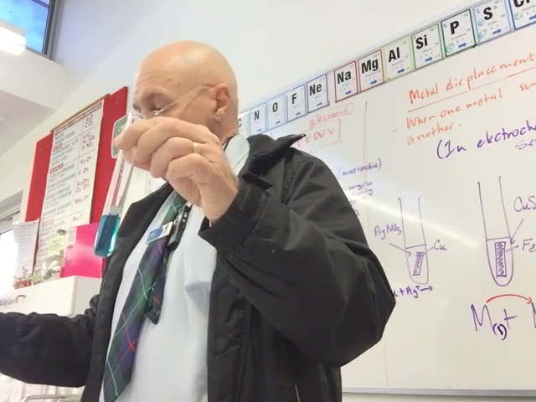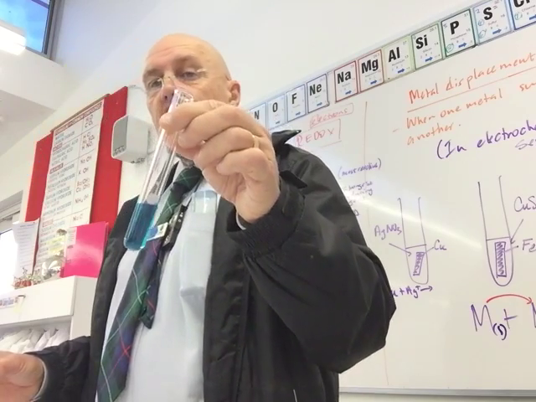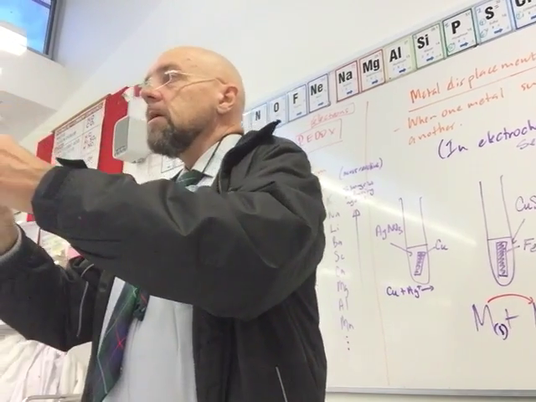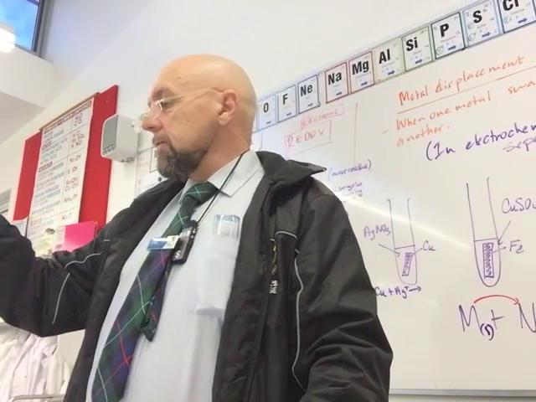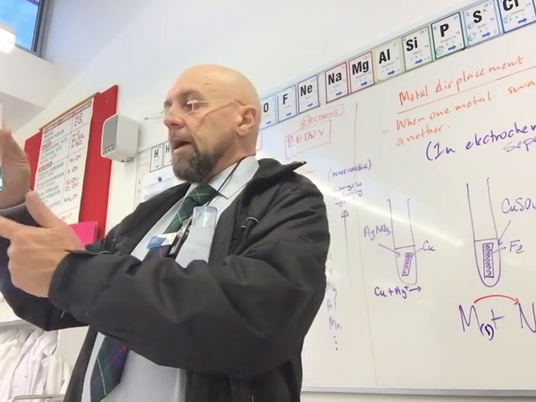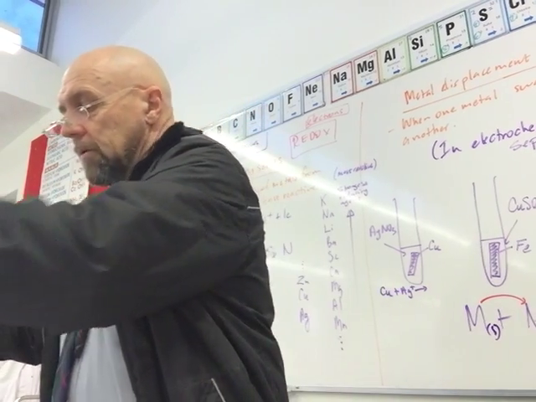They're swapping around. If I left that, and I will leave it there for a couple of days, what you'll find is that in time, the piece of iron will completely dissolve and I'll get these brown crystals in there, and the brown crystals correspond to copper.